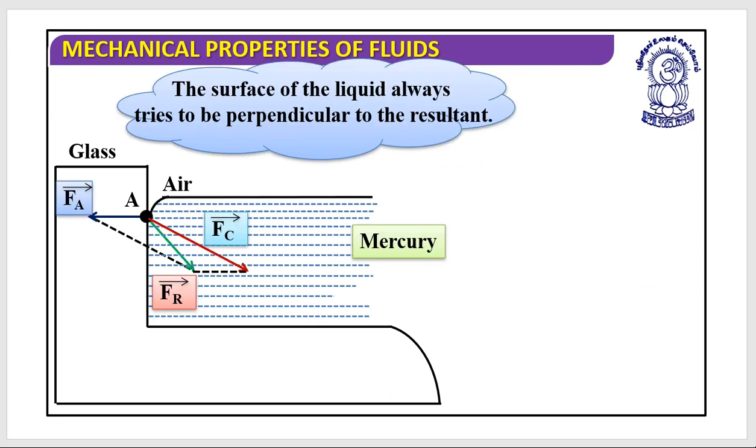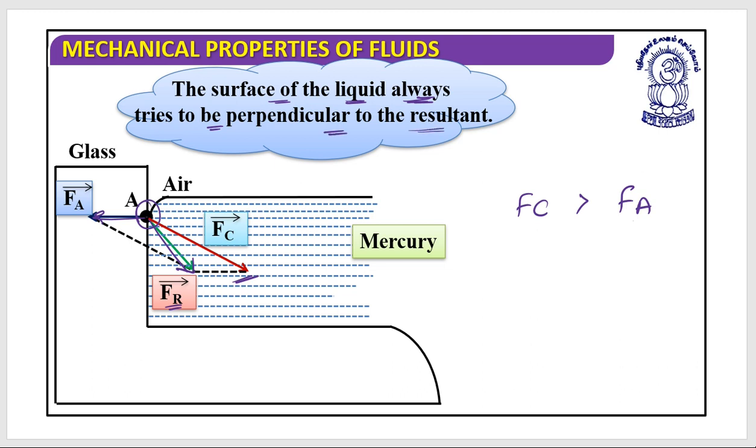Now let's look at a different case, the surface of the liquid. This is point A, this is the adhesive force, as we discussed in the last slide as well, and this is the cohesive force. Now let's understand that the cohesive force is greater than the adhesive force. Then this could be the resulting force, and the surface of the liquid will always try to be perpendicular to the resultant.